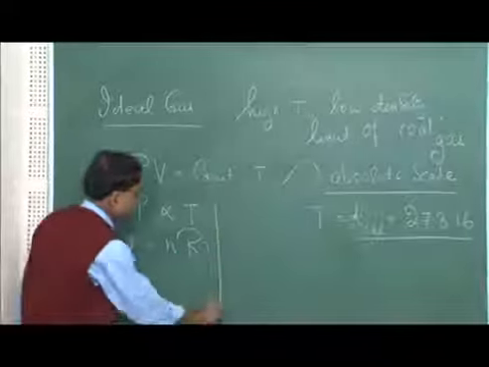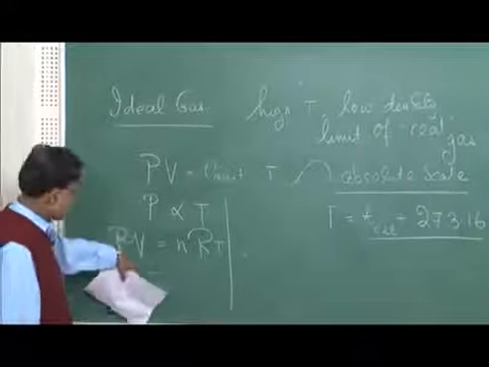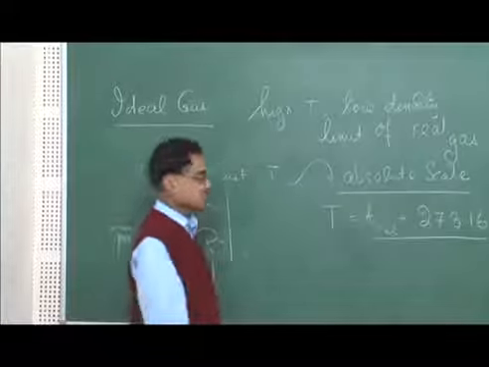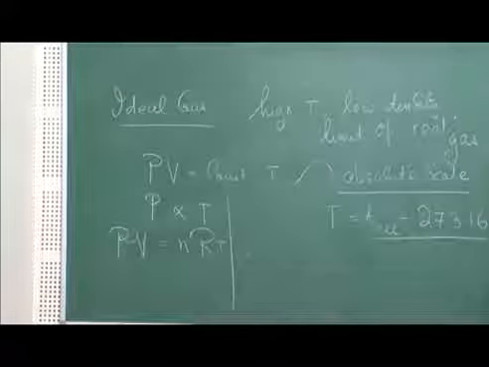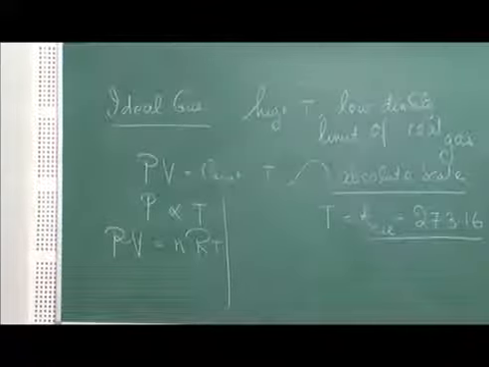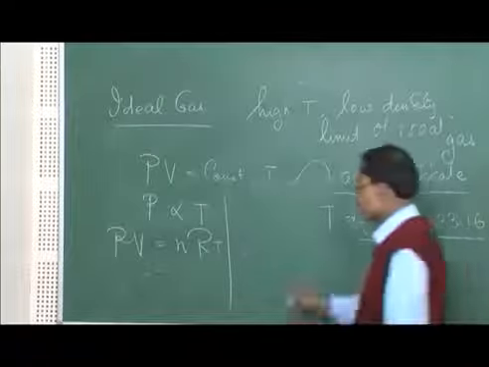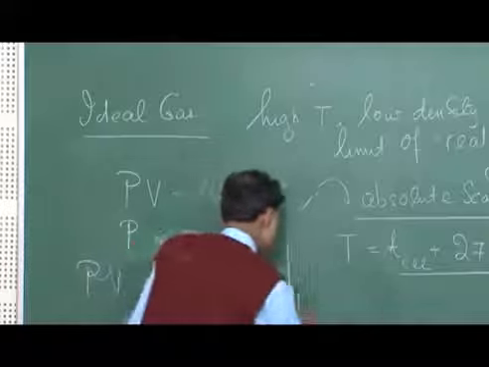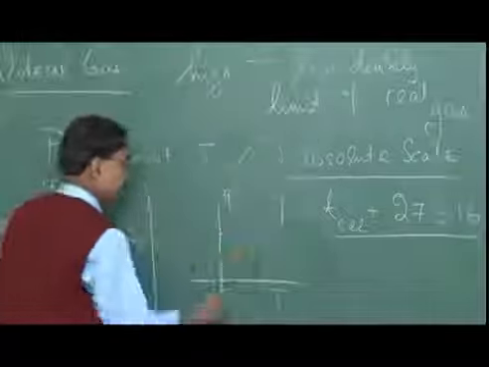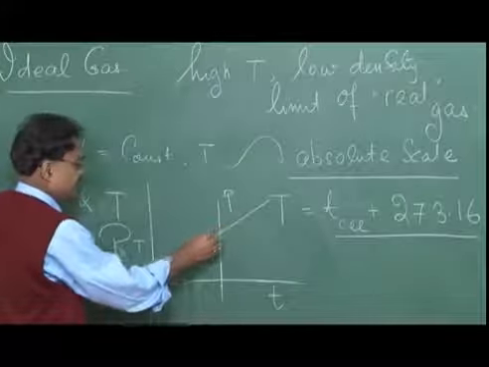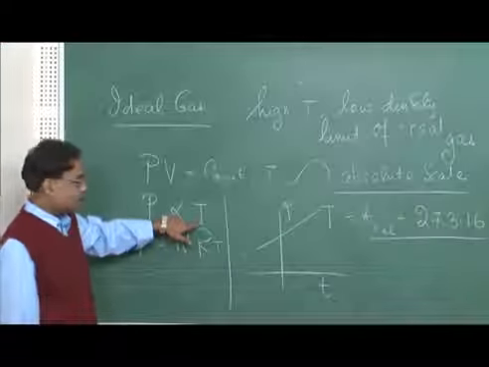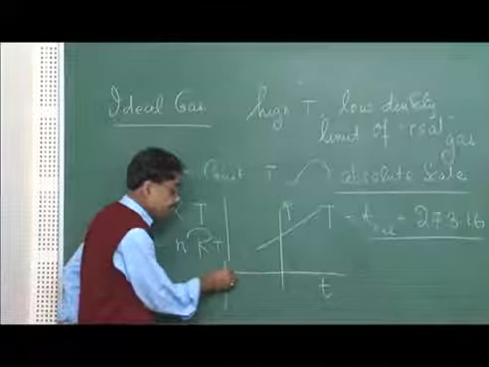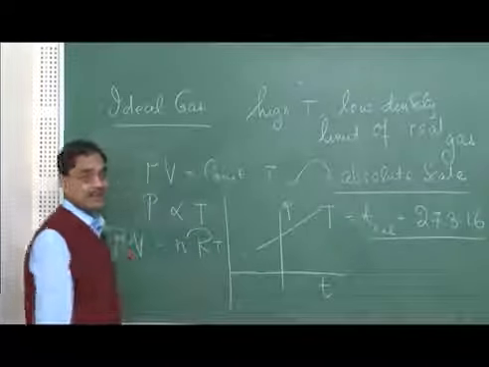This is the ideal gas equation. Actually, this ideal gas equation helps us in establishing the absolute scale. As I said in my last lecture, if you keep V constant and plot P as a function of T, you will find a linear plot, because P is proportional to T, but there will be deviation if you go lower and lower in temperature.